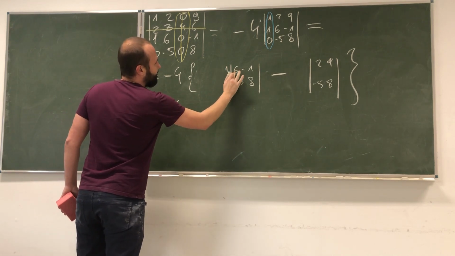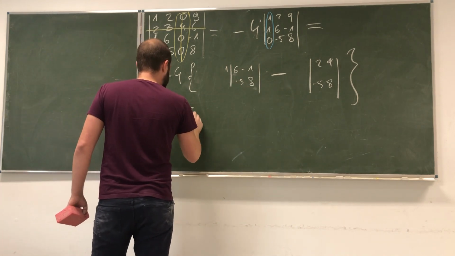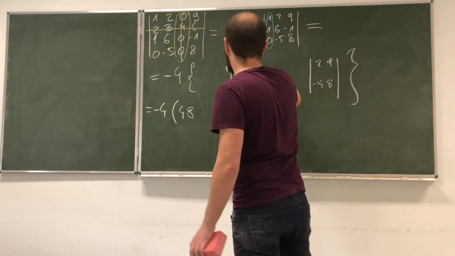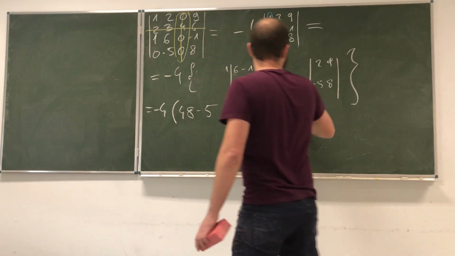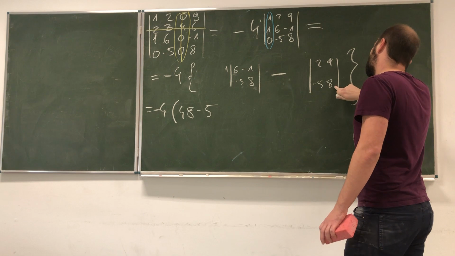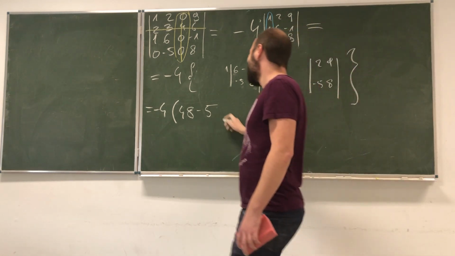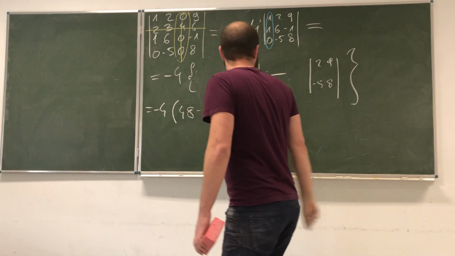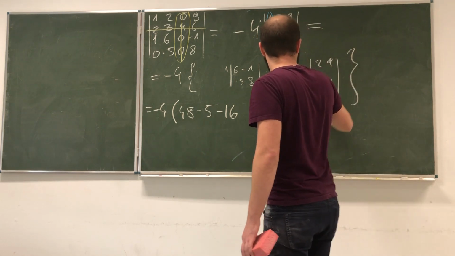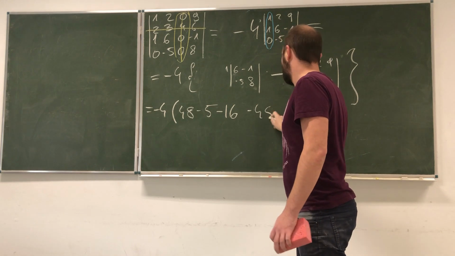Over here I will have 6 times 8, which is 48, and minus 2 times 8, which is 16. So negative 16 and plus 45. Out of this, but we've got minus in front, minus 45.